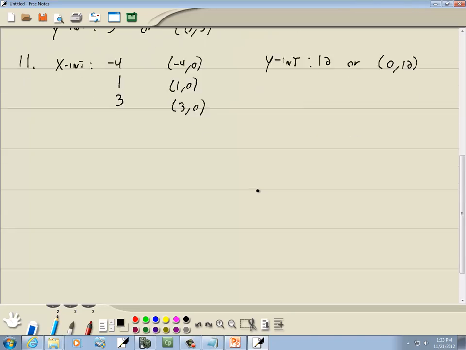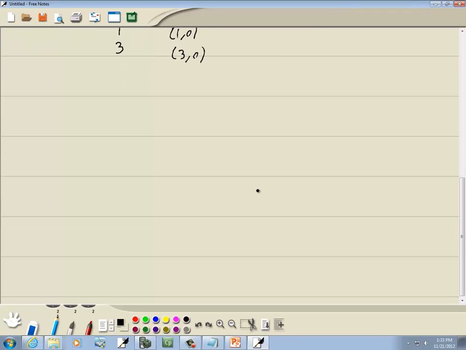Now that's technically the end of the section, but I wanted to show you one by plotting points. I hate plotting points, but let me get it out of the way. What I'm going to do is build a t-chart. Let me put in 1, 2, and 3. If I plug in 1 for x, I'm going to have 1 squared, or 1.